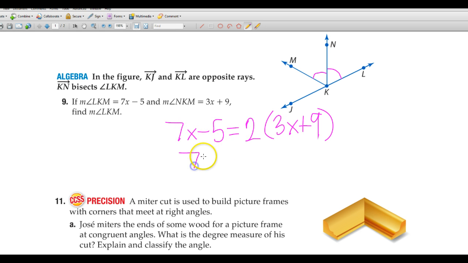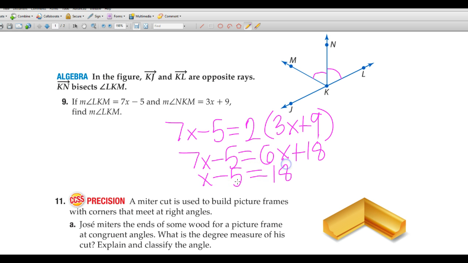So distribute. Subtract 6x from both sides. Add 5 to both sides. And x is 23. But a lot of times in geometry, that is not the answer that we're looking for.